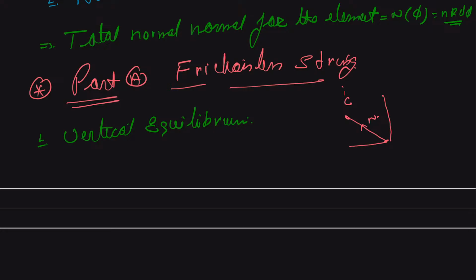With respect to the vertical, the angle is taken as phi, so this angle will also be phi. We get n cos of phi as one component and n sin of phi as the other. And in the downward direction through the center we have our mg.